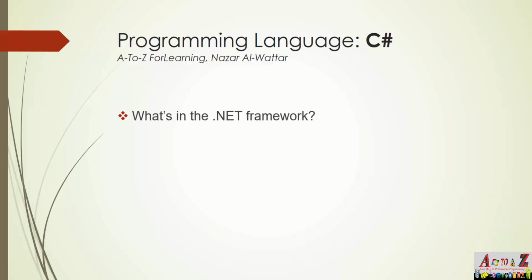So what is a type? A type is defined as a representation of data. For example, we have the type integer, and within this type we have different types. For example, we have integer 16-bit, integer 32-bit, and integer 64-bit.